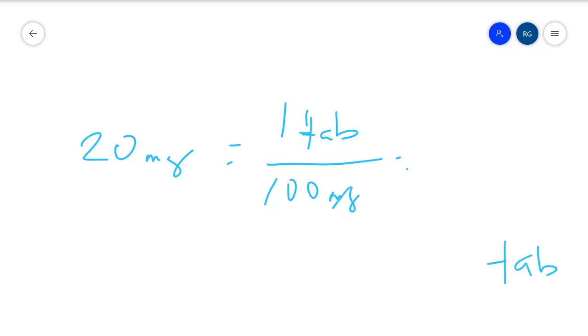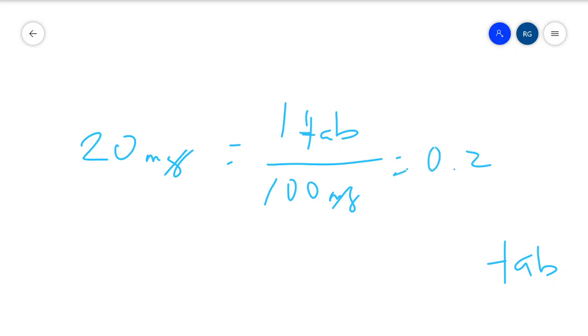All right, we need to know how many tablets of allopurinol 100 milligram are needed to prepare 150 mils. So one tab is 100 milligrams, and that gives us whatever tabs will be in our answer. 20 divided by 100 equals 0.2.